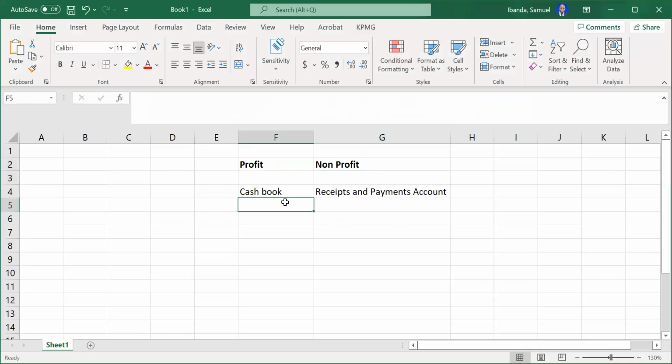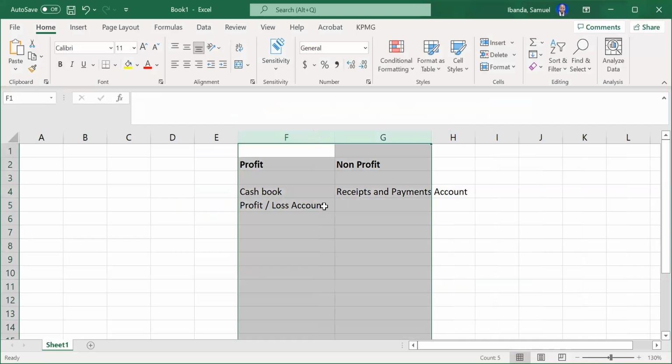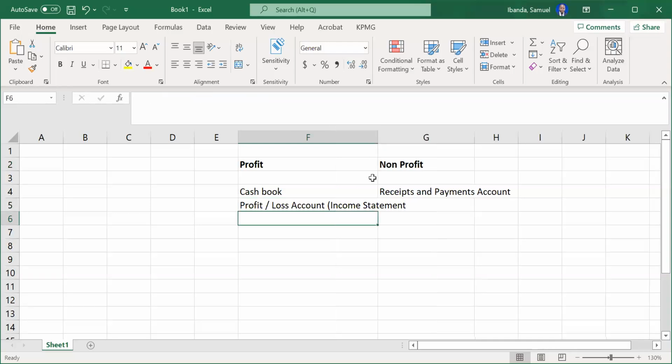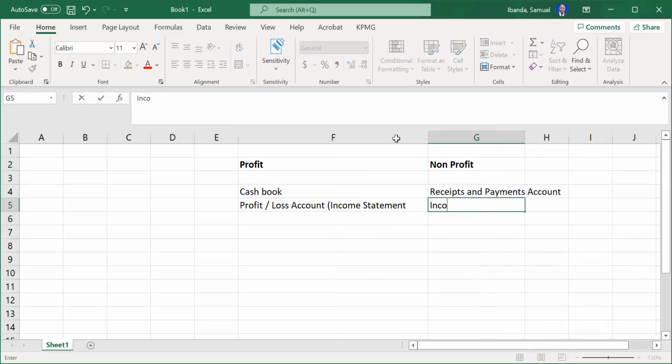Now, similarly, we have what we call the profit and loss account, or profit or loss account. Sometimes you might also call it an income statement. So for private businesses, we have income statements or profit or loss accounts. Now, for non-for-profit, we have what we call an income and expenditure account.